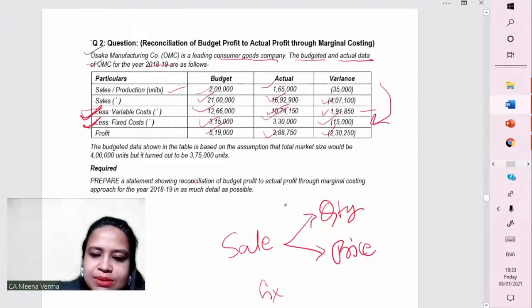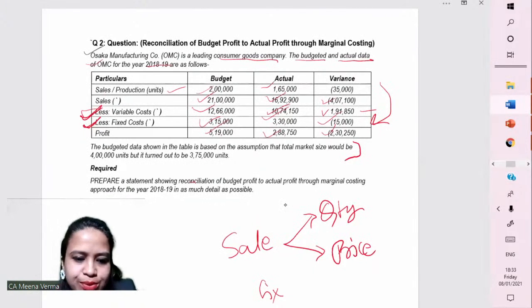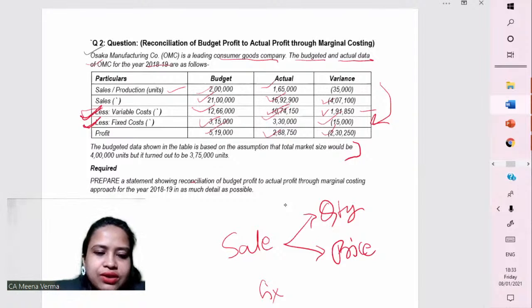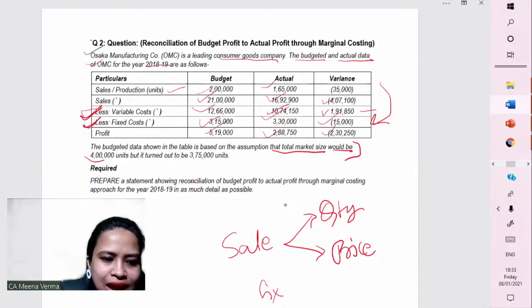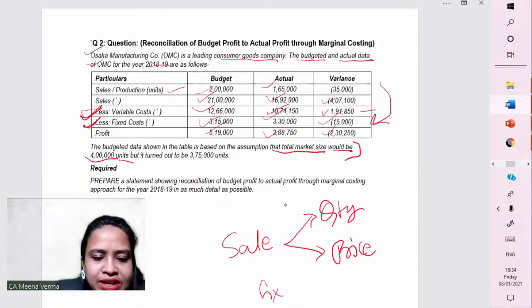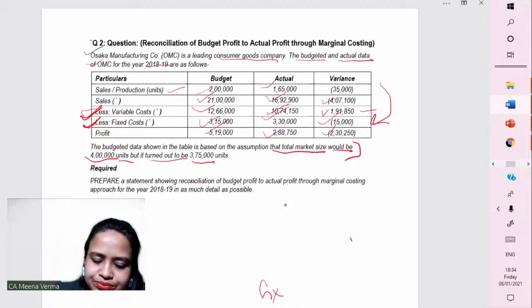But there is some other information also given in this question. It is given here that the budgeted data shown in the table is based on the assumption that the total market size would be 4 lakh units, but it turned out to be 3,75,000 units. See, generally what happened?